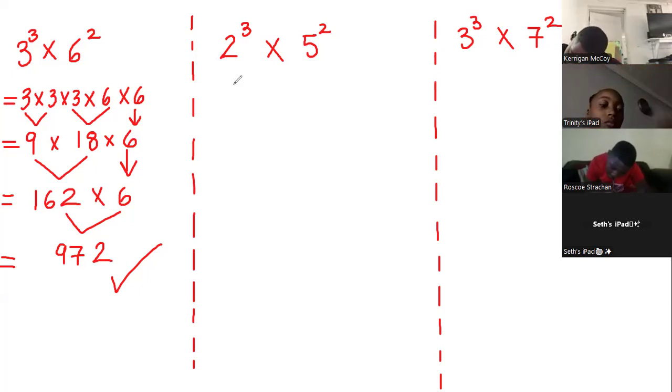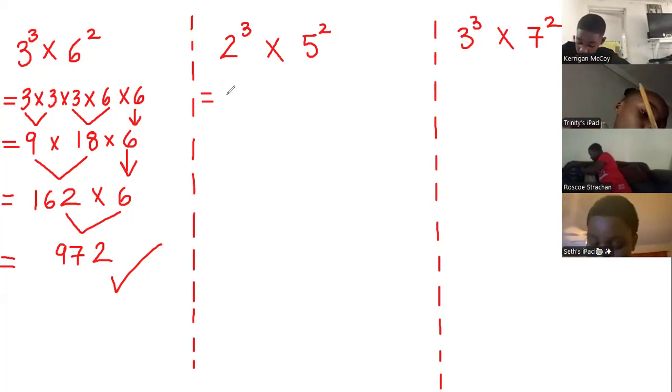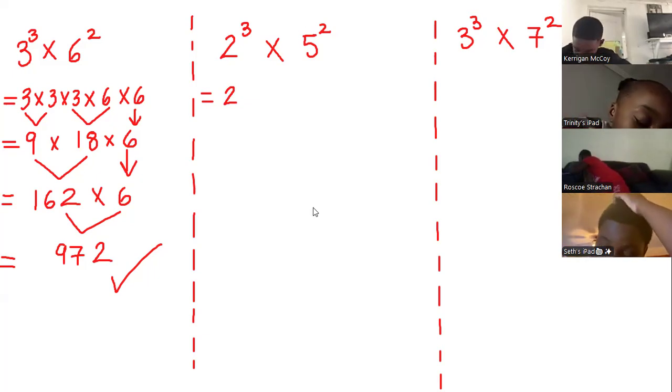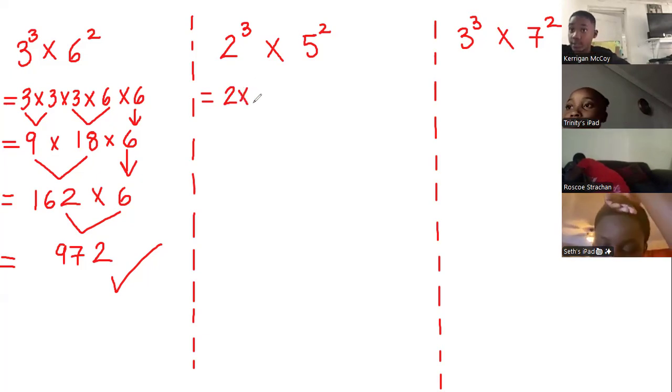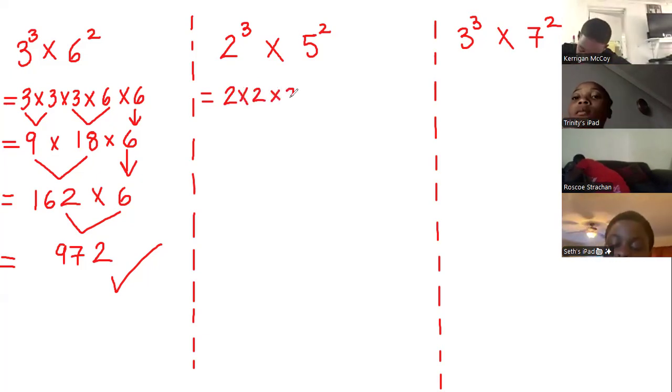Go ahead, explain this. You actually did it a lot different than I did it, but I think we'll use your way for the sake of the children. So 2 times 2 times 2 times 5 times 5.